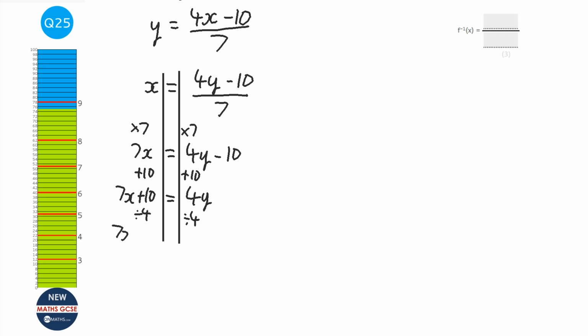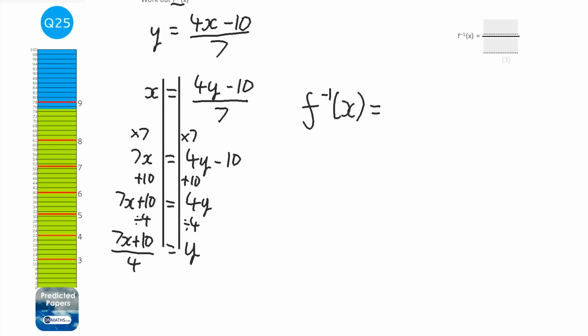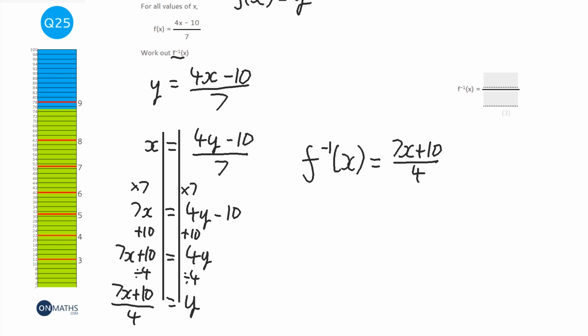So I've got 7x plus 10, all of that over 4, equals y. Now, it's not y really, it's f inverse of x equals 7x plus 10 over 4. And the 7x and the plus 10 can be either way around.